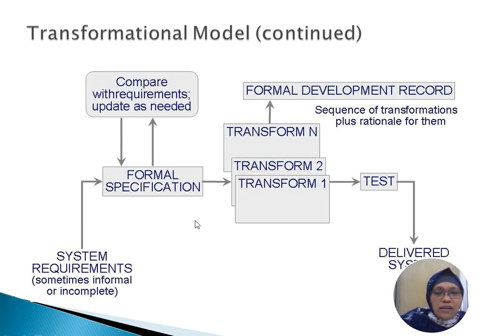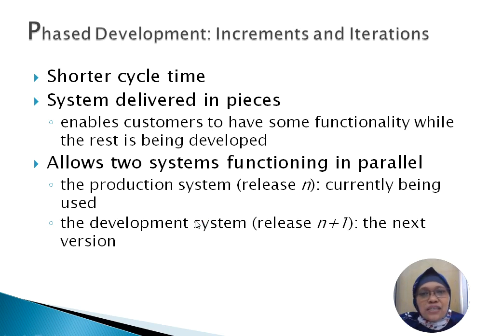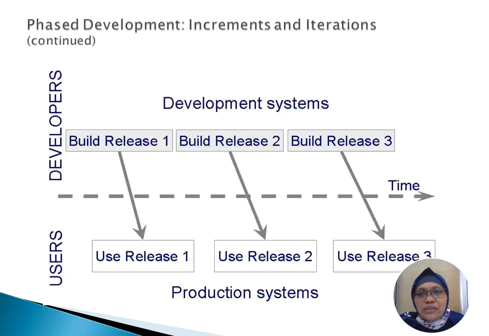Right. The next is phased development, which could be incremental and iterative. If we are to develop software, it goes phase by phase, depending on the interaction between the user and the developer.